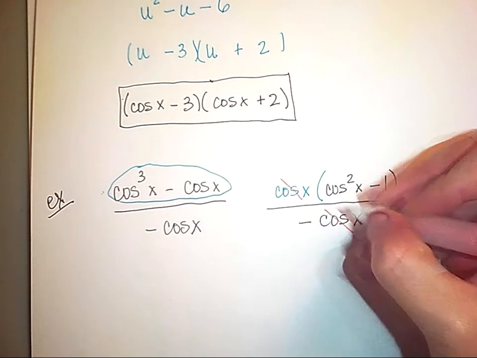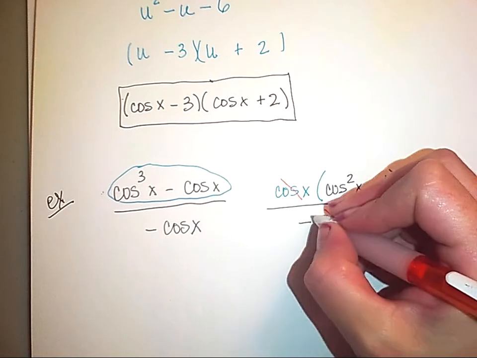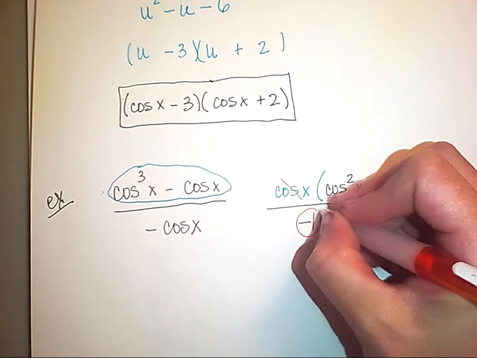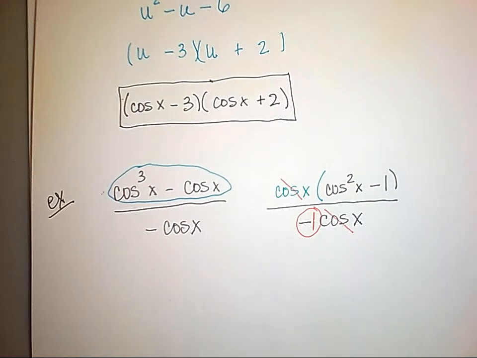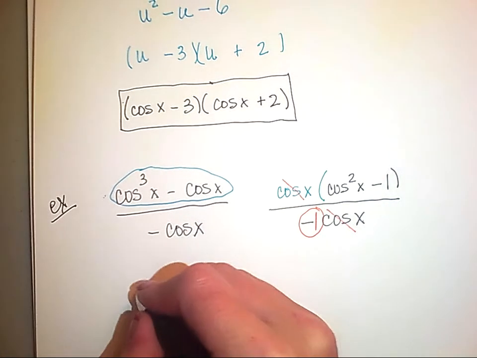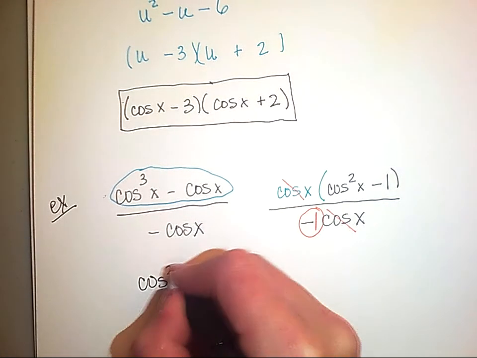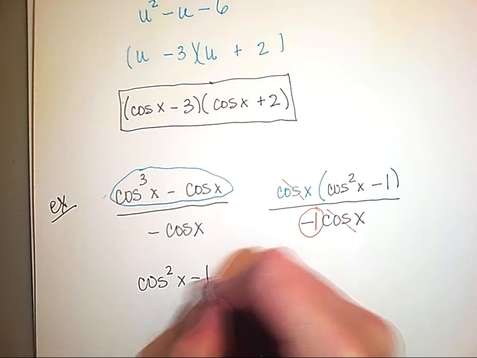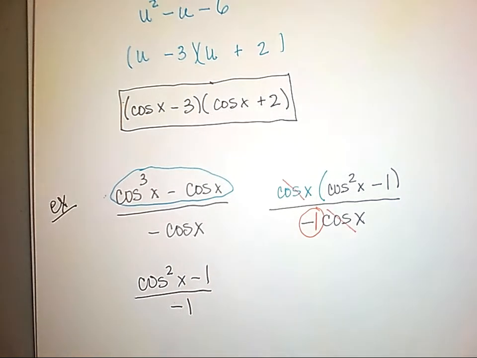Now these cosines will cancel. Now I've got to be careful here. There's a negative here, so that's a negative 1. I still have this, so this is cosine squared x minus 1 divided by negative 1.